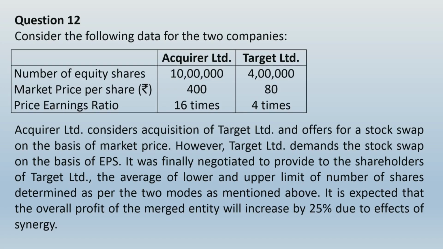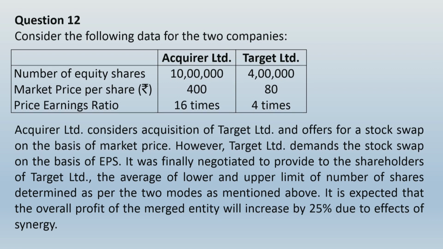Consider the following data for the two companies, Acquirer Limited and Target Limited. What has been given is number of equity shares, market price per share and price earning ratio. Acquirer Limited considers acquisition of Target Limited and offers a stock swap on the basis of market price. However, Target Limited demands the stock swap on the basis of EPS.